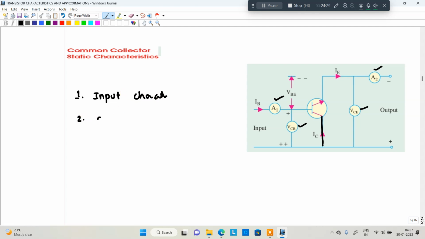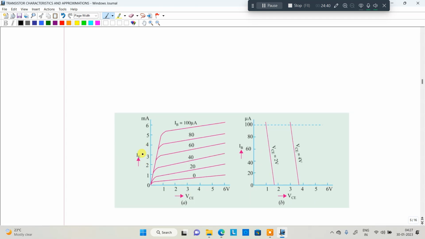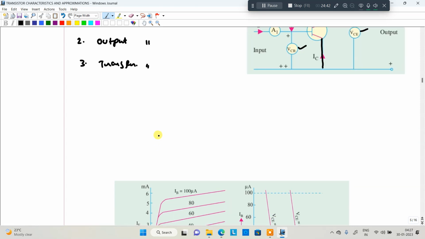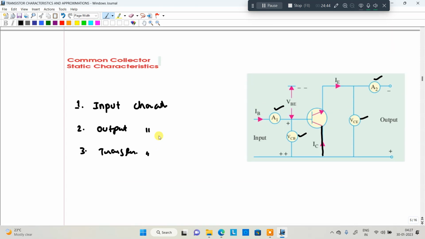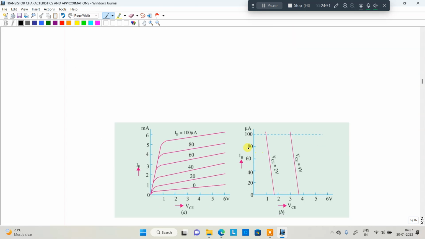First we'll see the input characteristics, which is drawn between input current and input voltage. Input current is IB, input voltage is VCB.